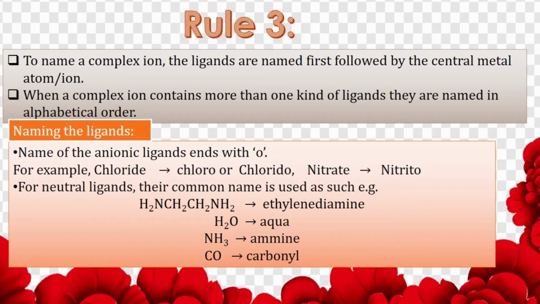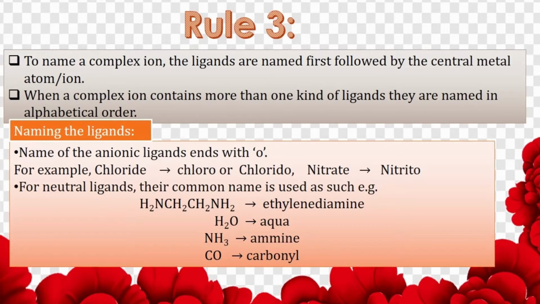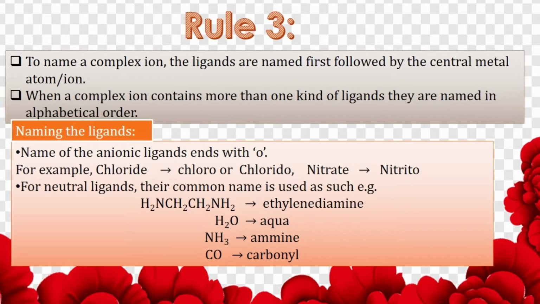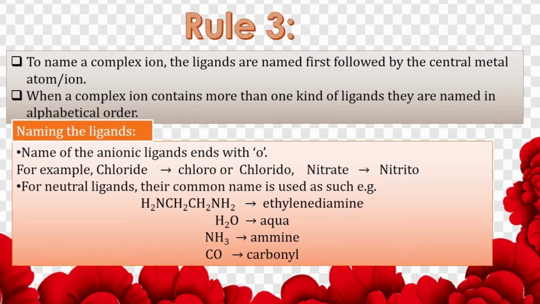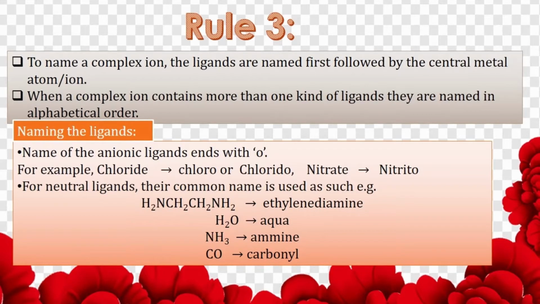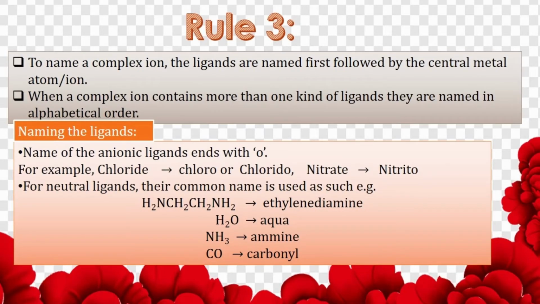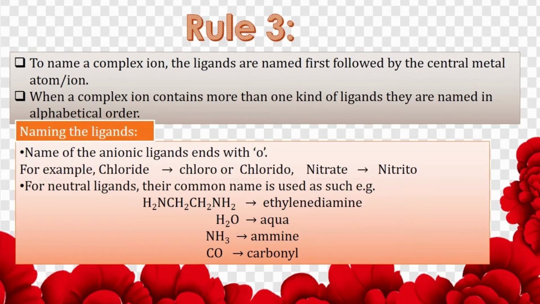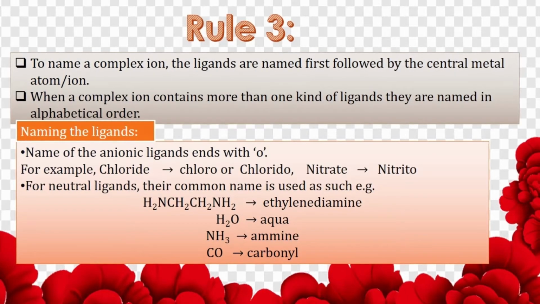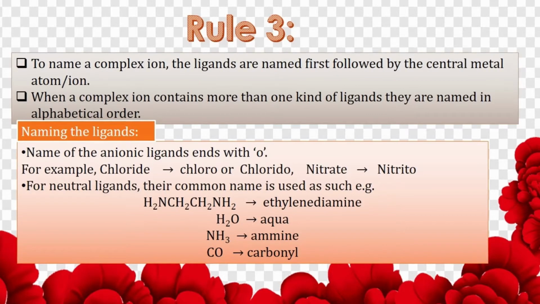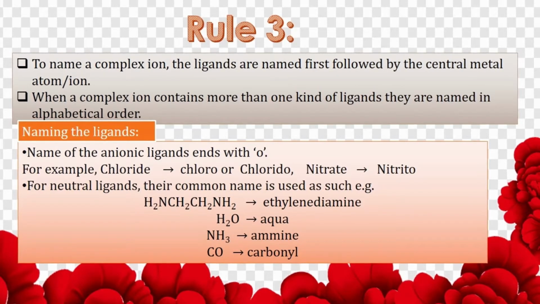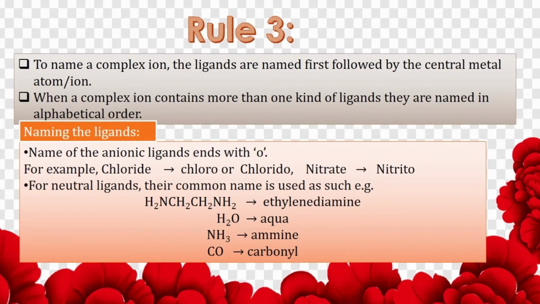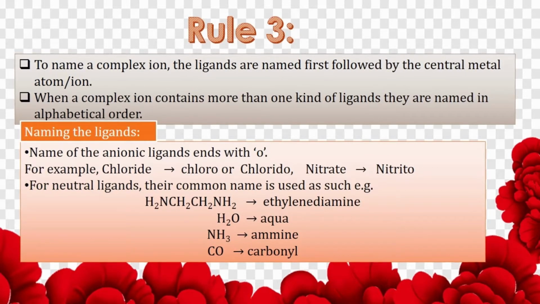For example, the names of anionic ligands end with O. Chloride, if it is acting as a ligand, will be named as chlorido or chloro. If a nitrite anionic ligand is present, it will be named as nitrito.